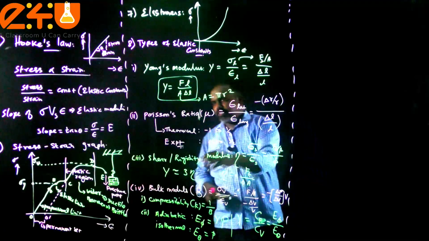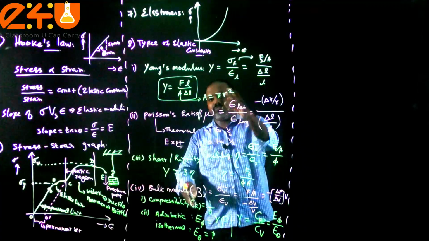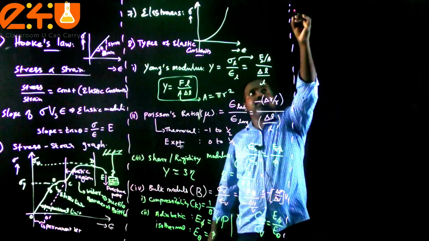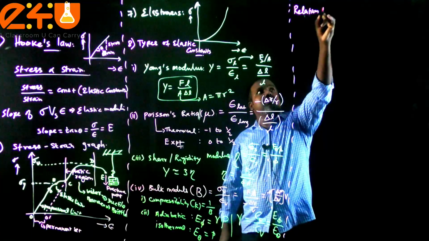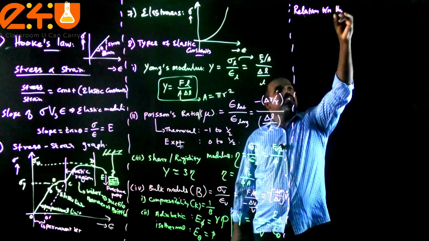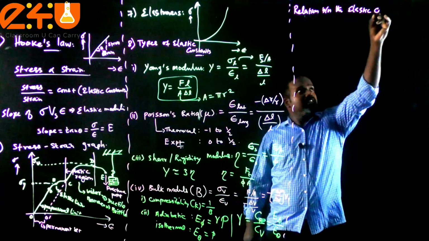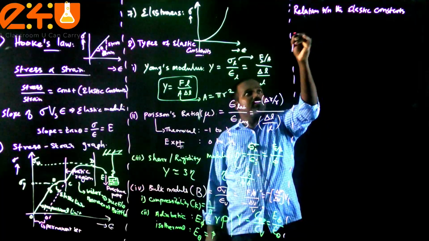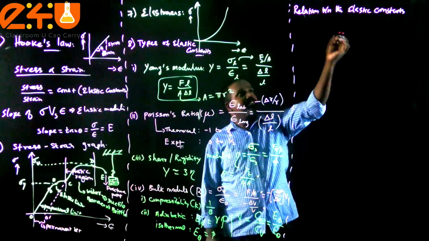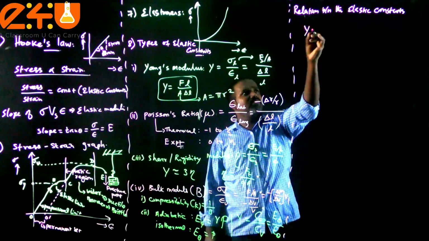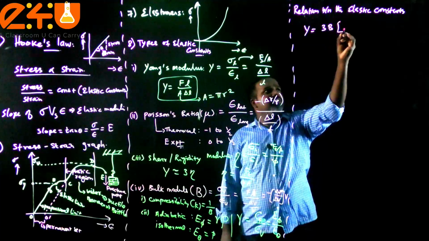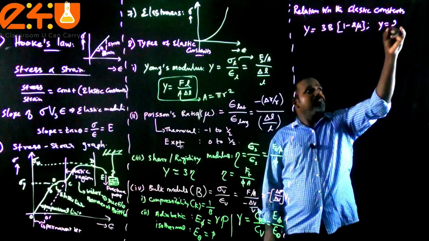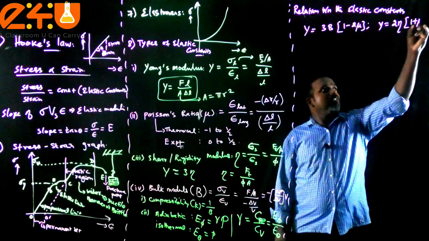Now the next subheading I am going to discuss is the relation between these four types of elastic constants. There is a lengthy proof for this, but from the examination point of view, just memorize it. So Y is equal to 3B into (1 minus 2 mu), and Y is equal to 2 eta into (1 plus mu).